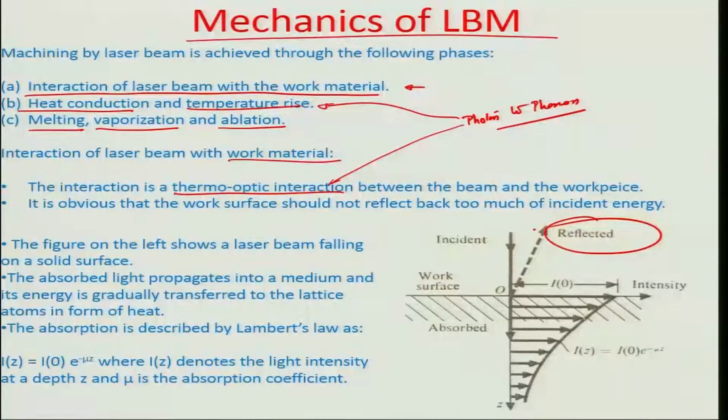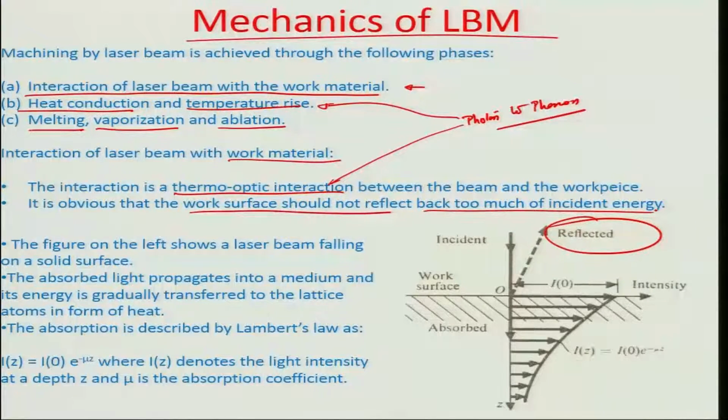Already laser power overall, particularly for solid state lasers, is not very high, and they are also very slow. So reflected power is a major issue in all the laser machining processes, and the work surface should not reflect back too much of the incident energy.